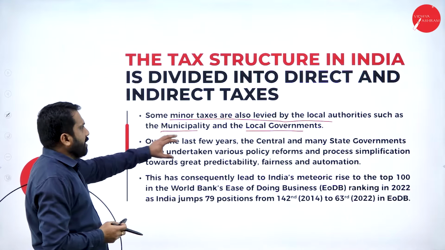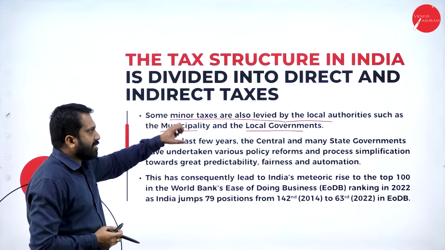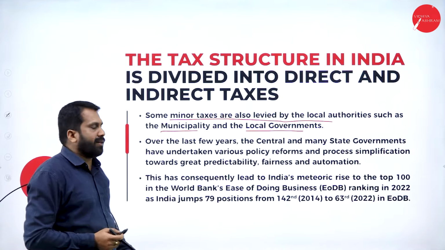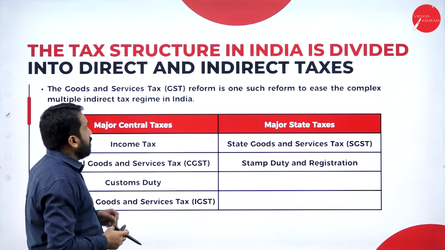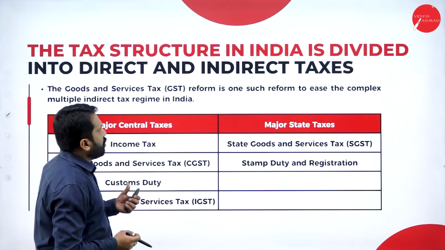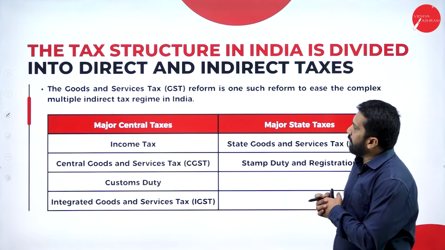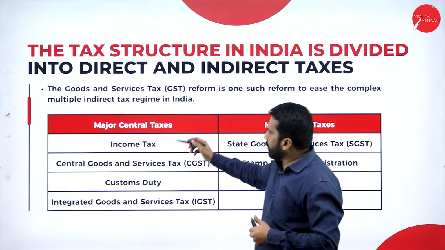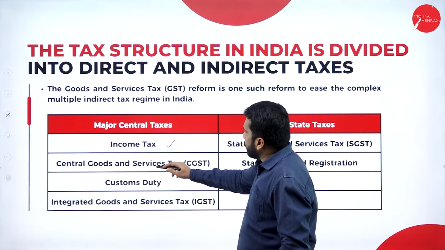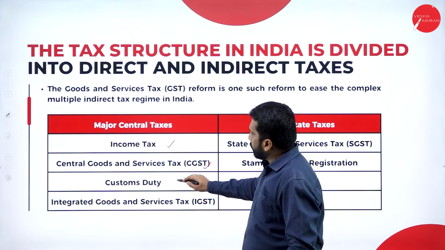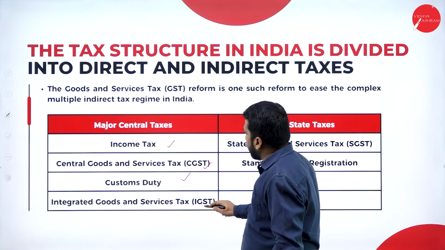There is a reason in indirect tax, a minor tax is also levied on particular items. So the tax structure in India is divided into direct and indirect tax, like major central taxes: income tax, central goods and service tax, customs duty, integrated goods and service tax.